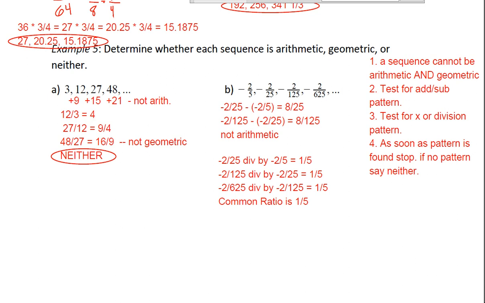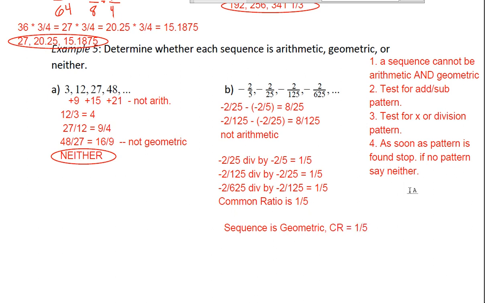We don't have to find the next terms, I'm sorry. We're deciding whether it is arithmetic, geometric, or neither. So we would say here, this sequence is geometric, and the common ratio is 1 fifth.